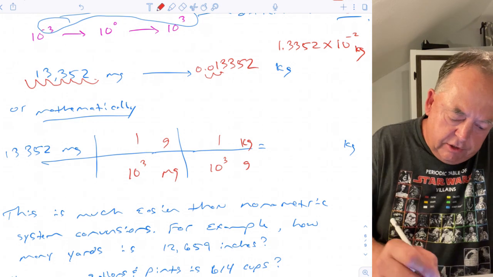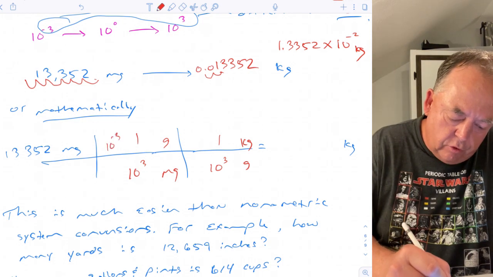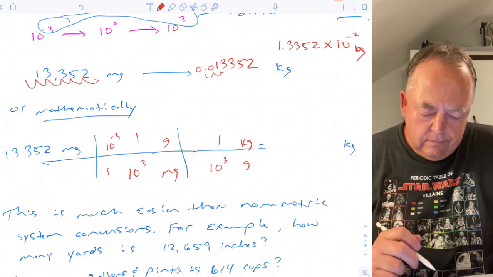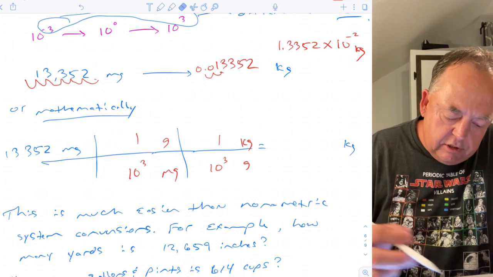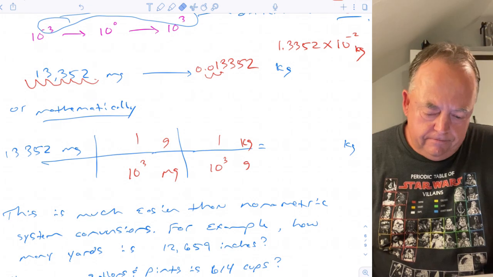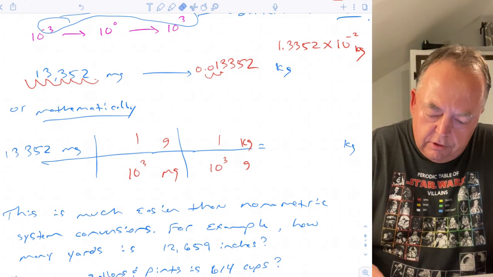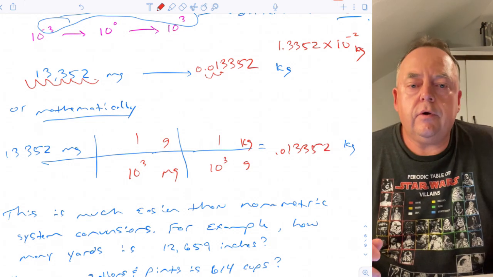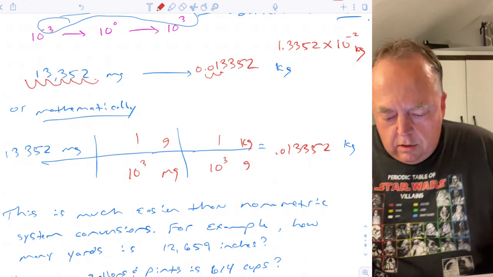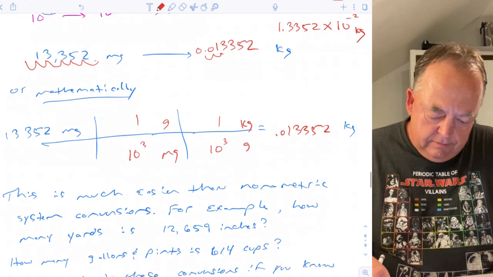So same here, you could say there's 10 to the minus 3 grams in 1 milligram. It doesn't matter how you do it, you get the same answer, but you just have to know how to use those numbers. So if you do this, then you get 0.013352 kilograms. Hopefully that made sense.